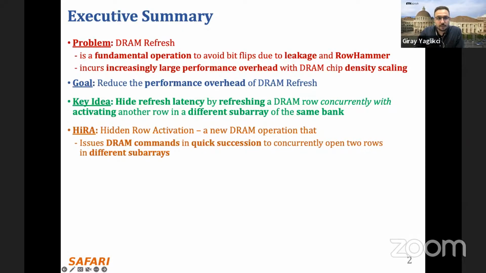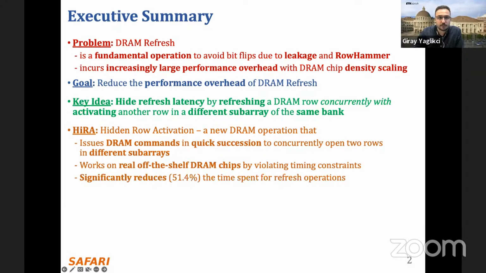What HiRA does is it issues DRAM commands in quick succession to concurrently open two rows in different subarrays of the same bank. We experimentally demonstrate that HiRA works on real off-the-shelf DRAM chips by violating some timing constraints, and it significantly reduces the time spent for refresh operations.